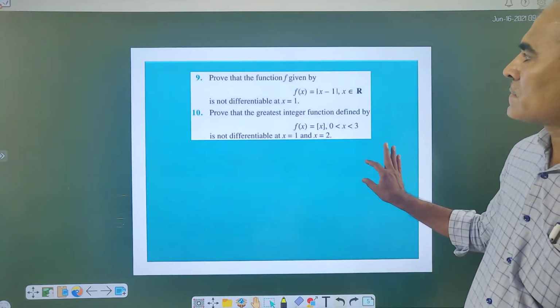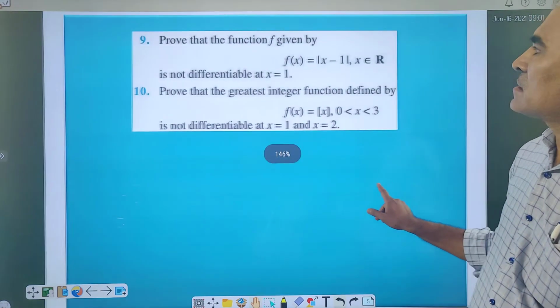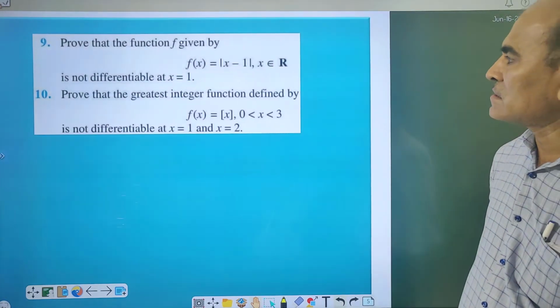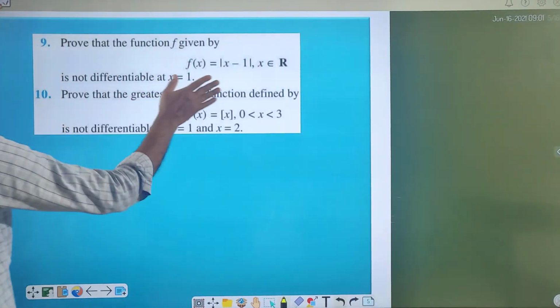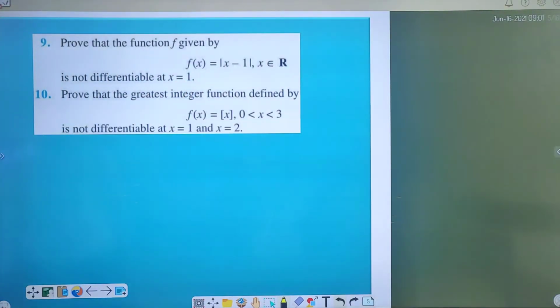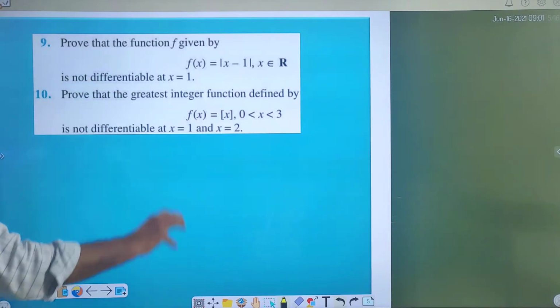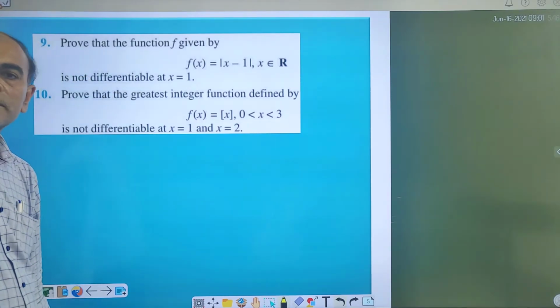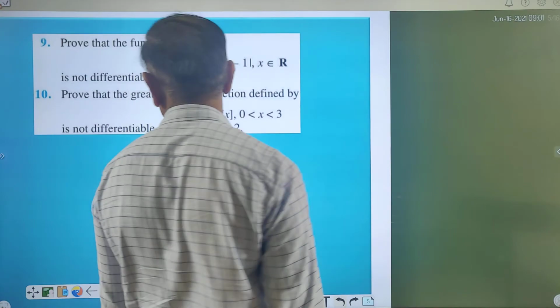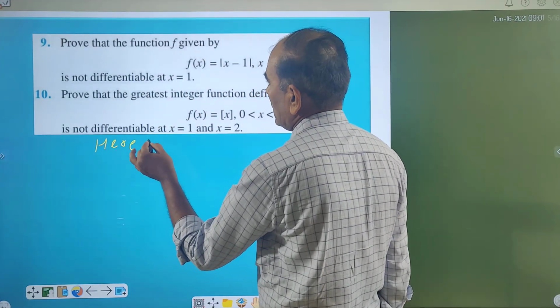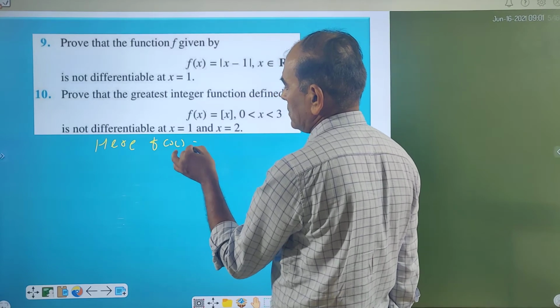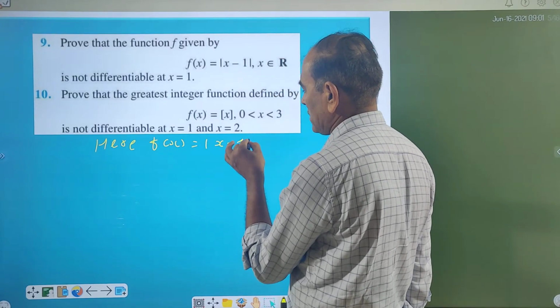what is given? Prove that this function f is not differentiable at x is equal to 1. See, this one is based on the definition of differentiation. We know that, please see, here f(x) is equal to magnitude of x minus 1.